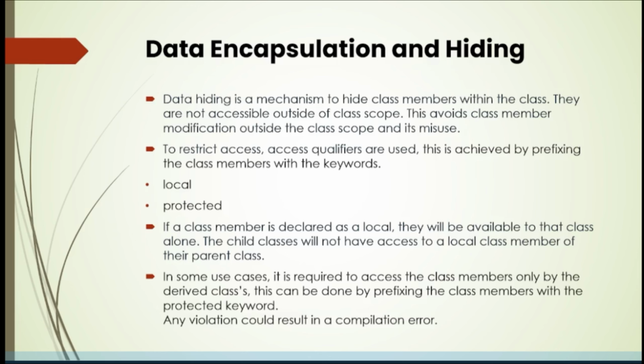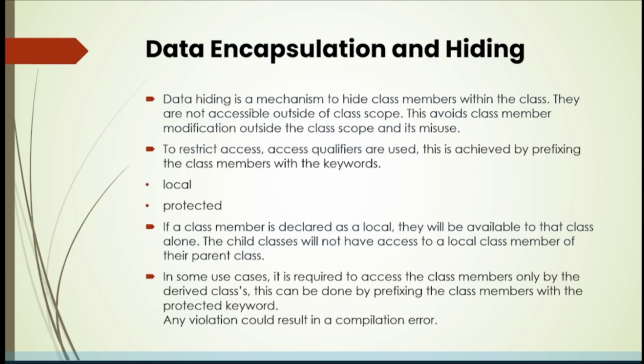That means we can't access that property easily. There are some restrictions in order to access that property. This is called encapsulation. Encapsulation means we are putting restrictions by using certain keywords like local and protected in order to protect our data, to make it untouchable, to avoid changes to it. We are keeping it as a restricted property, and we do that by using the keywords local and protected.